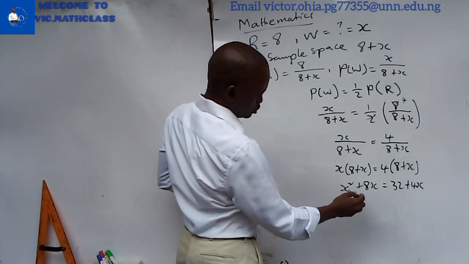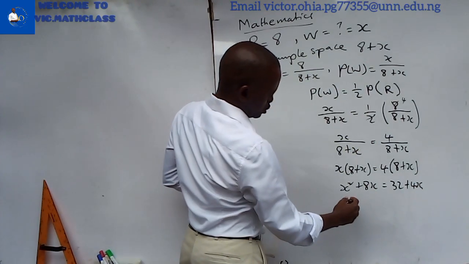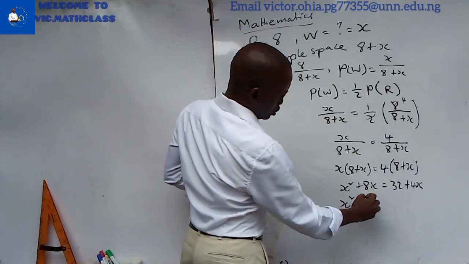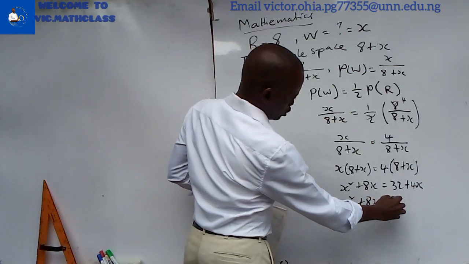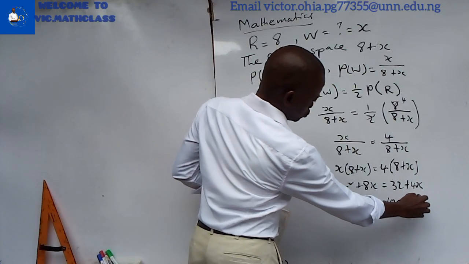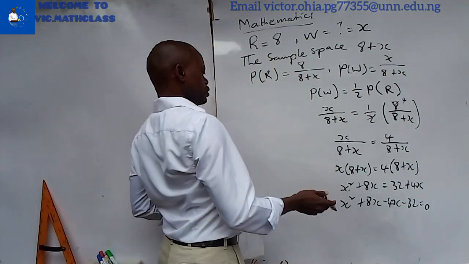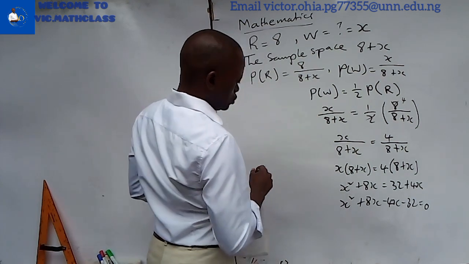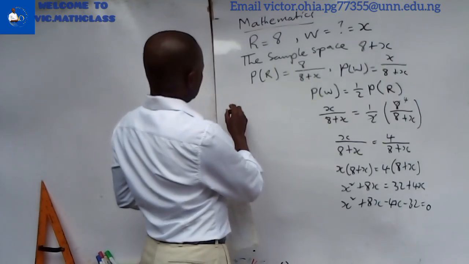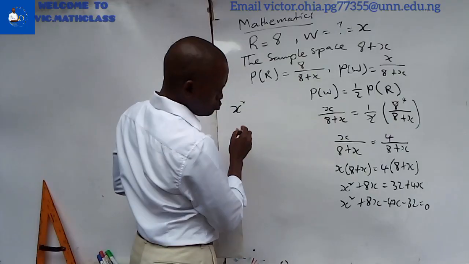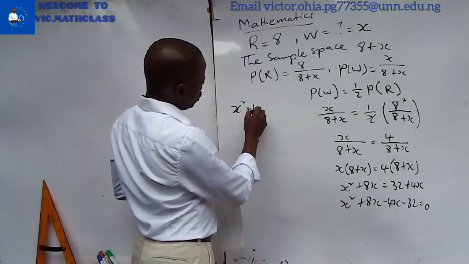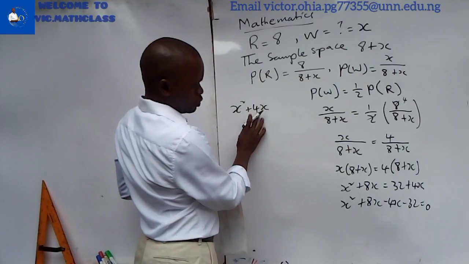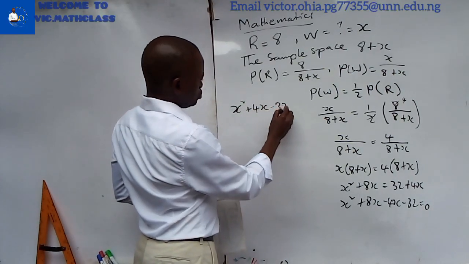I can collect the like terms here, bring these things over here, and have X squared plus 8X minus 4X minus 32 equals 0. Of course, we are within the environment of a quadratic equation. So this is going to give me X squared plus 4X, since 8X minus 4X is 4X, then minus 32 equals 0.